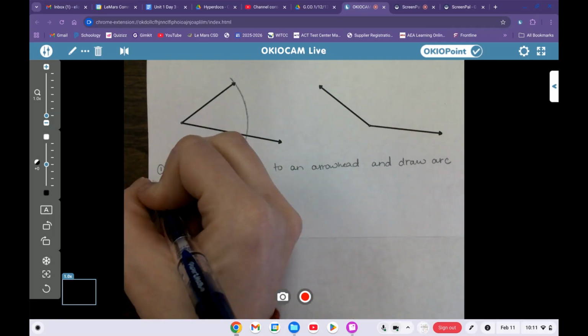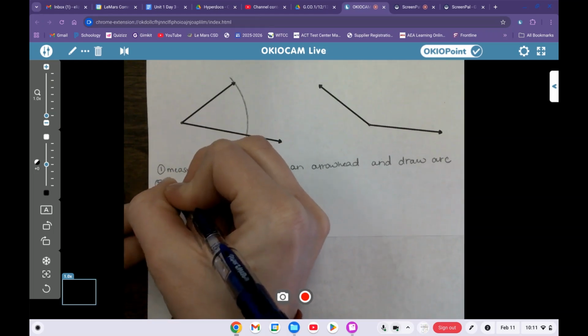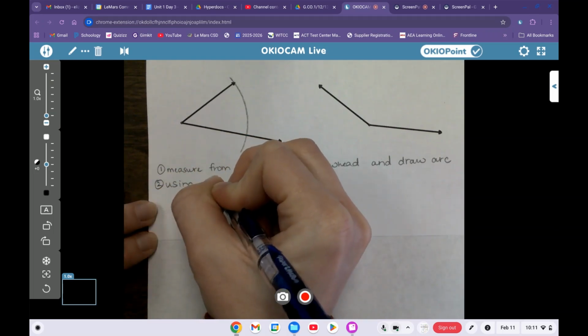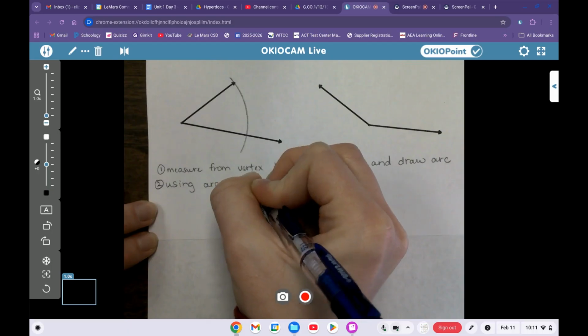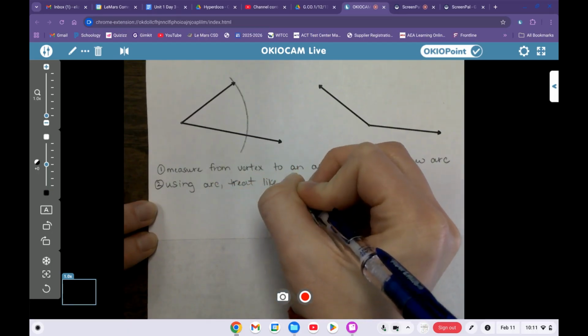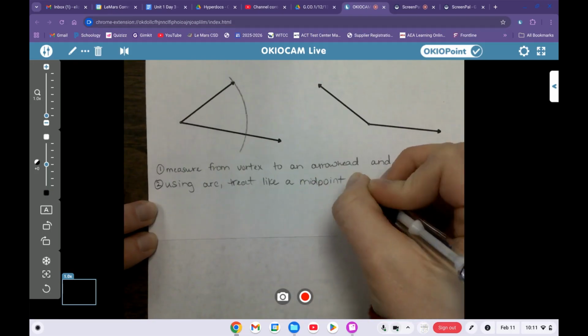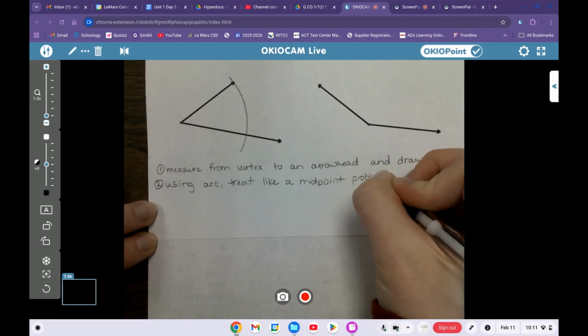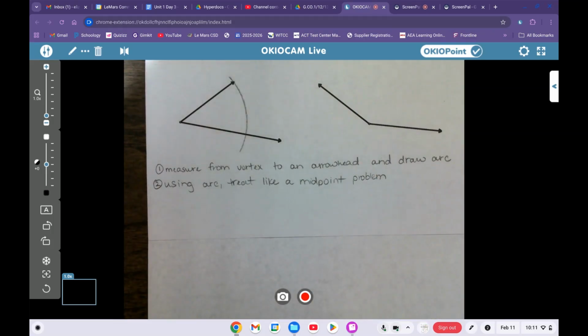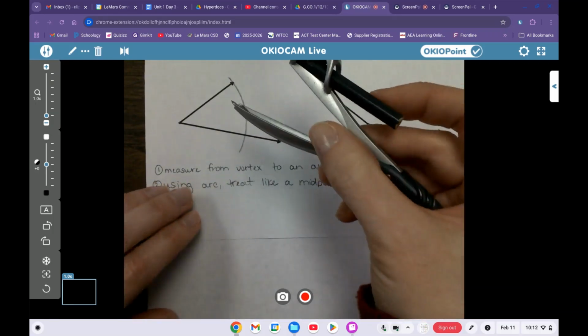So step two is using this arc. We're going to treat this like a midpoint problem. So if you remember when we were doing midpoint or like the bisector on just a regular segment, we would measure a little over halfway.